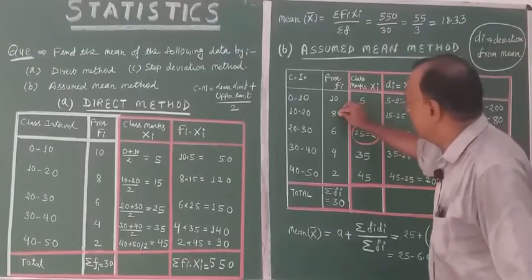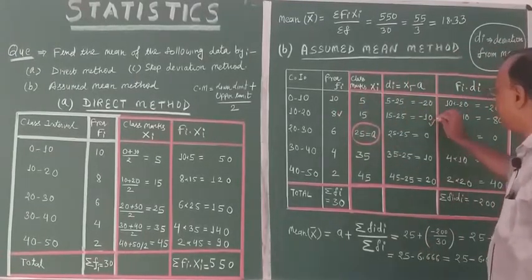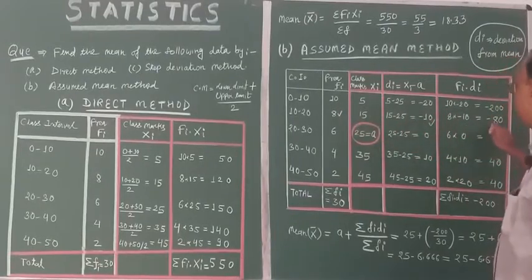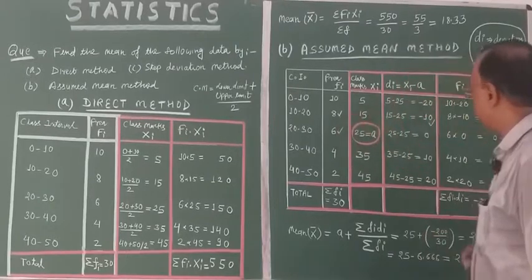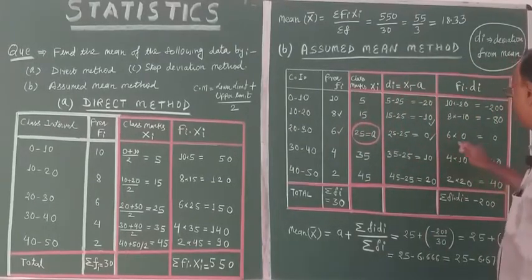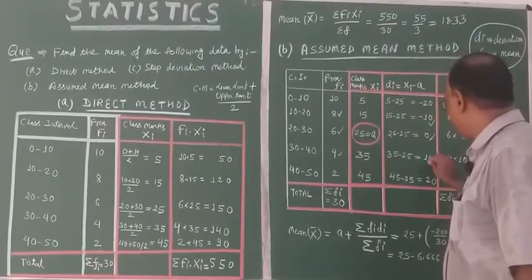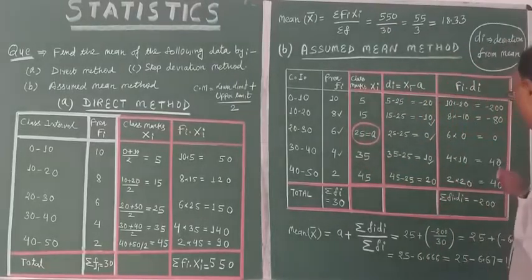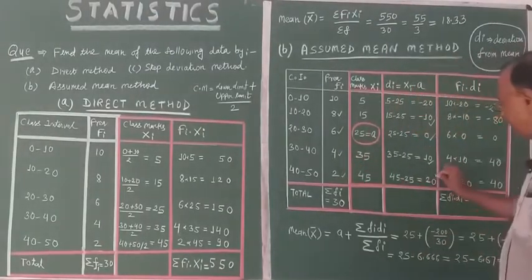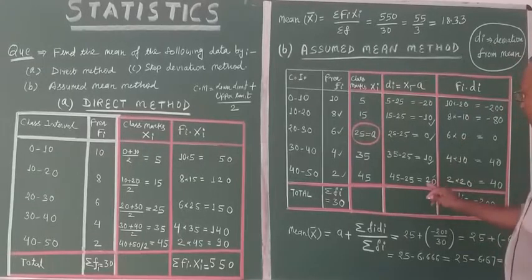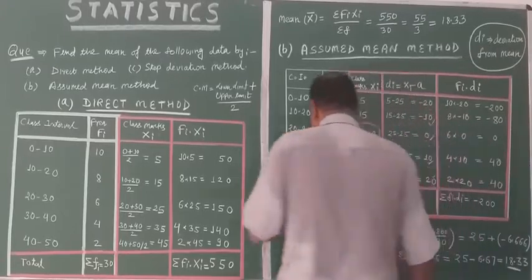Now f2 and d2: 8 into minus 10, minus 80. f3 d3: 6 into 0, which is 0. f4 d4: 10 into 4, that is 40. f5 d5: 2 into 20, that is 40.